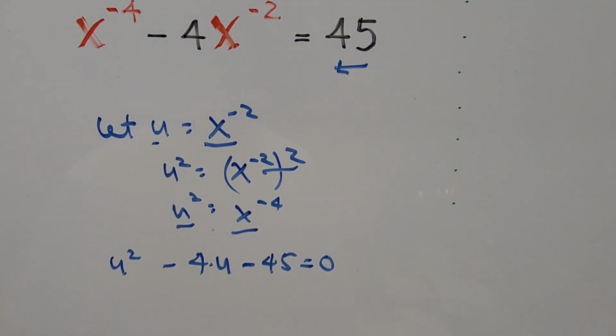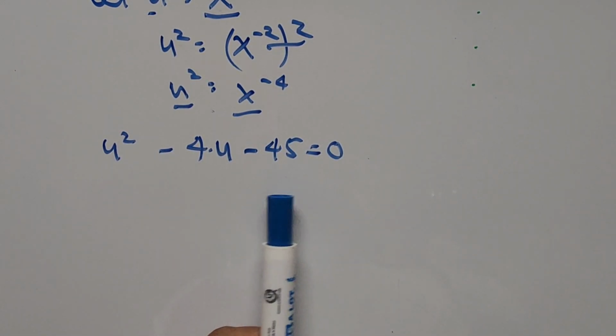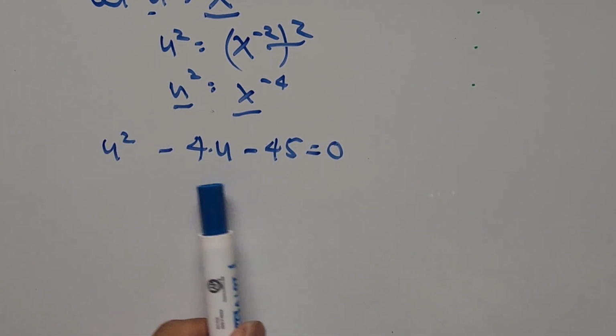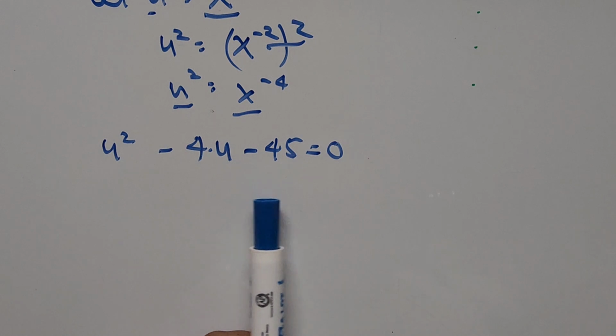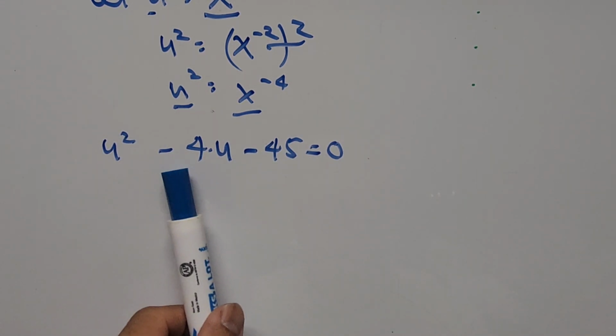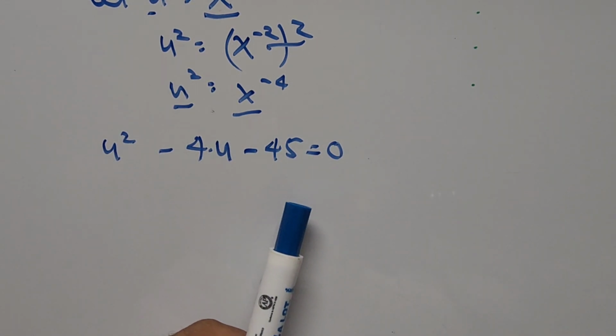We have a quadratic equation, right? All right, so we can solve the value of u by quadratic formula or factoring. Which one would you prefer? Here, let's just do factoring, since our equation is easy to factor. This is 45 and the middle term is 4. 9 times 5 is 45, and we have a negative here, which means we're taking the difference of those factors.